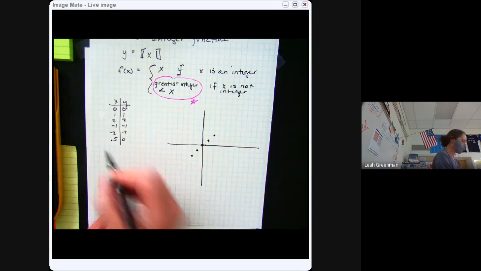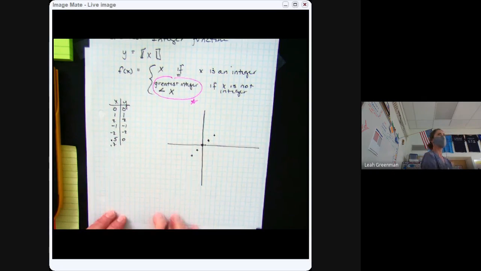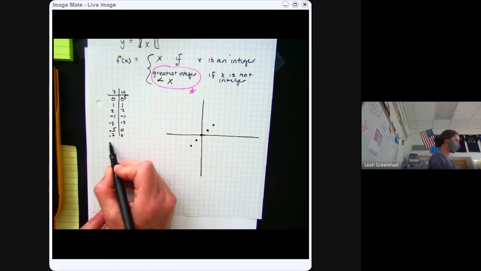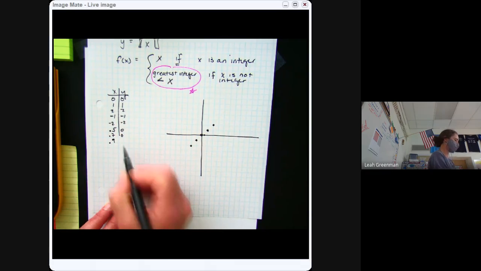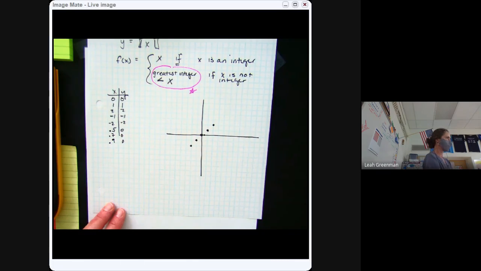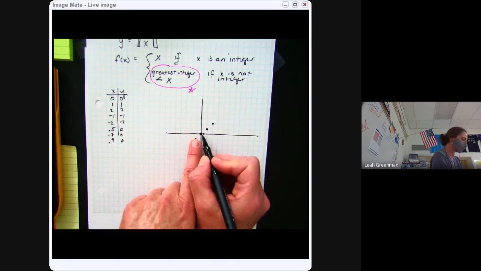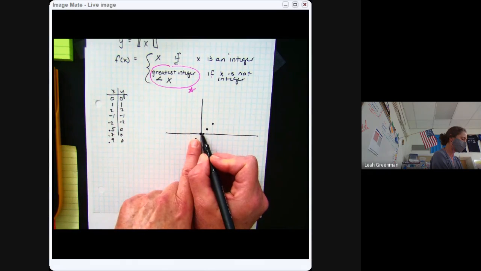What about when I'm at 0.7? Greatest integer less than 0.7? 0. What about 0.9? 0. What about 0.9999999? 0, right? Greatest integer less than. So am I going to keep going on this line right here? I'm going to keep going, keep going, keep going.